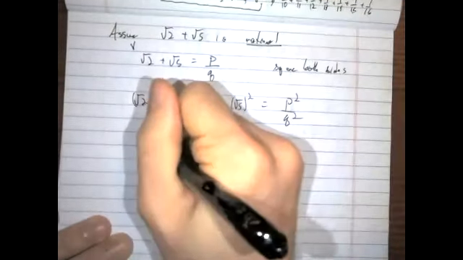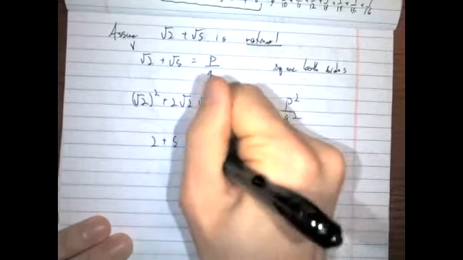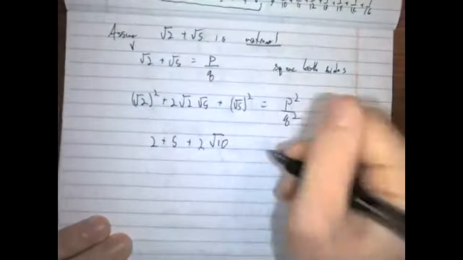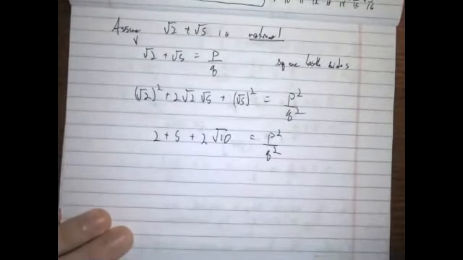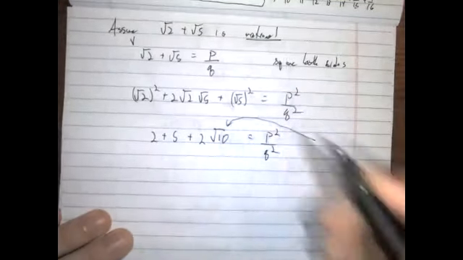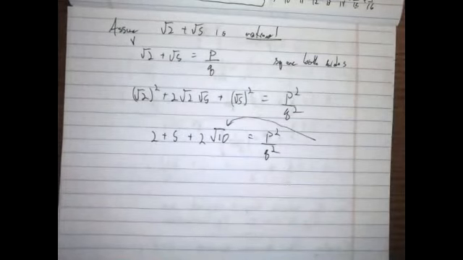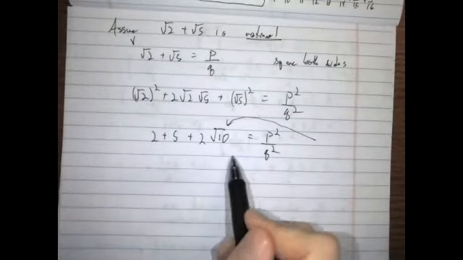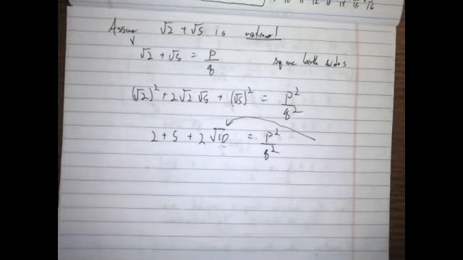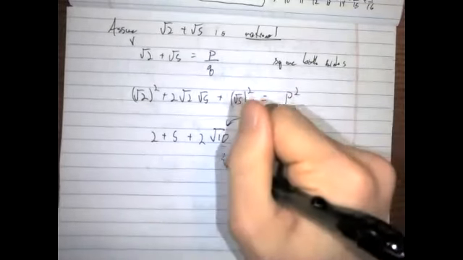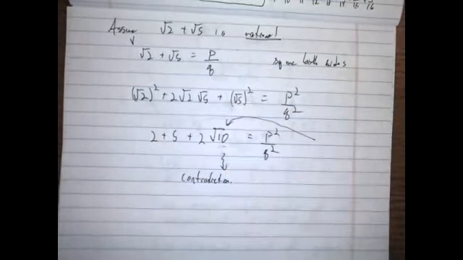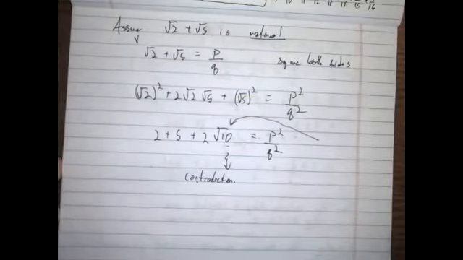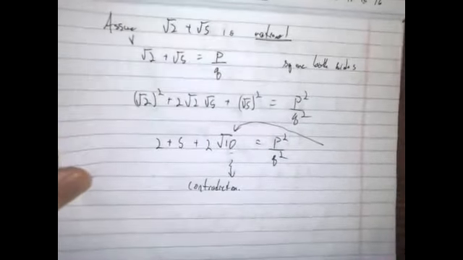Then you get 2 plus 5 plus 2 square root of 10 is equal to p squared over q squared. And here is where you use the hint that the square root of a non-square is irrational. You're trying to use the fact that square root of 10 is an irrational number. And then from here, you'll get a contradiction.